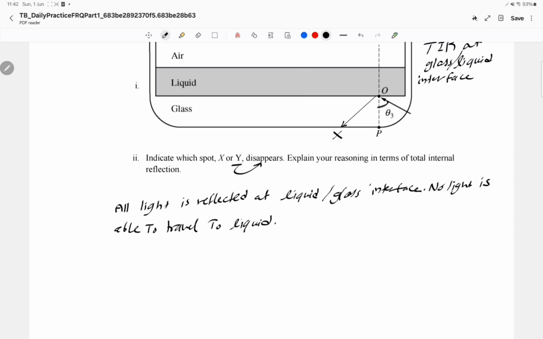And so theta 3 is more than the critical angle for glass to liquid, which is how TIR was able to happen. So spot Y disappears, but spot X remains.